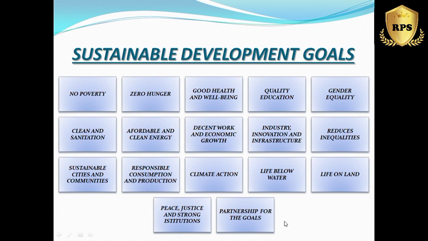These are many themes I have written for you. These are 17 goals which are known as Sustainable Development Goals.